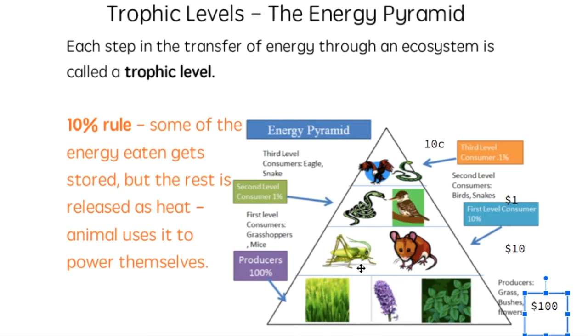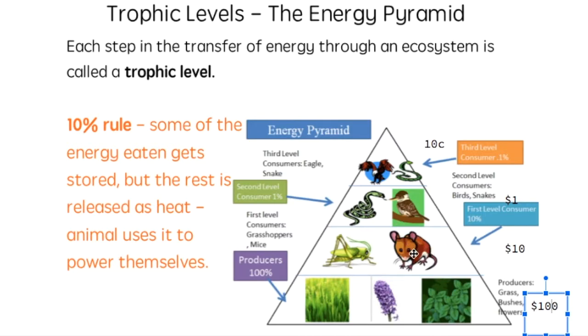Now, if we move up to the secondary consumer level, and this is actually where humans would be, we are omnivores that eat herbivores and plants. So the secondary level, those ate the primary consumers that ate the plants. And now, if you were to eat a secondary level consumer, those are only worth $1 of energy, 1% of the original energy, because this bird, for example, ate the mouse.